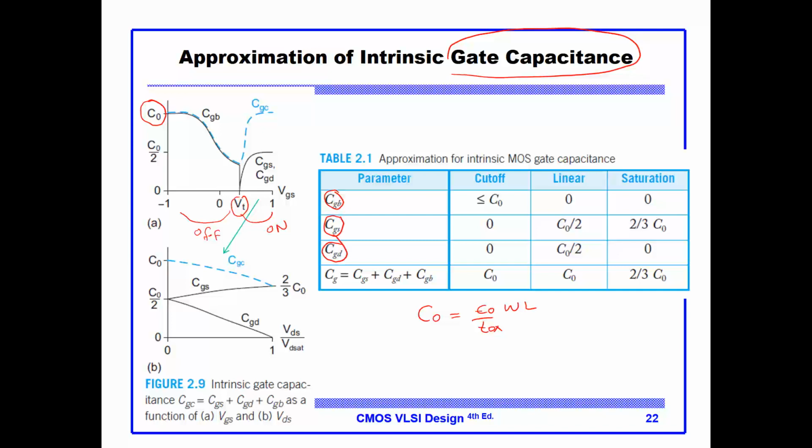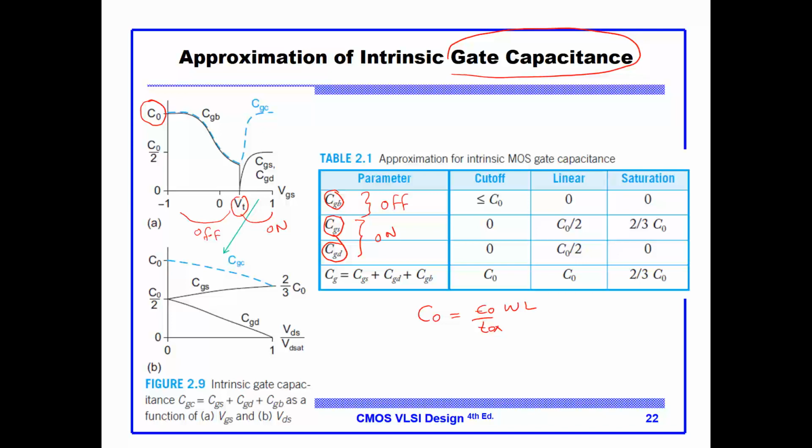Now, notice that when the device is off, the gate to source and drain capacitances come into the picture when the device is on, and the gate to bulk capacitance comes into the picture when the device is off.